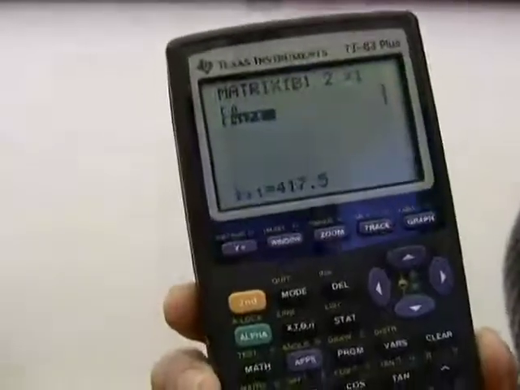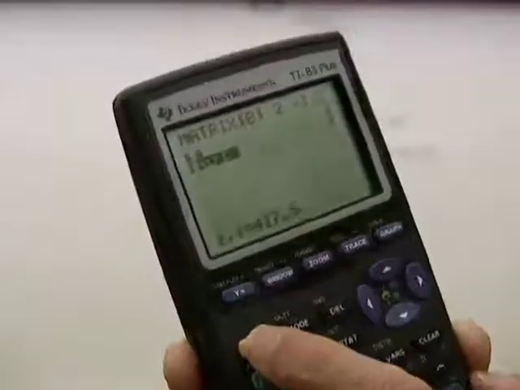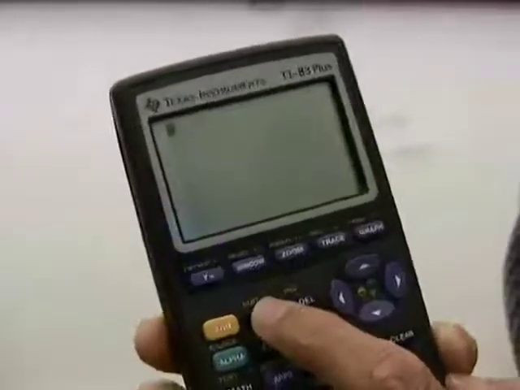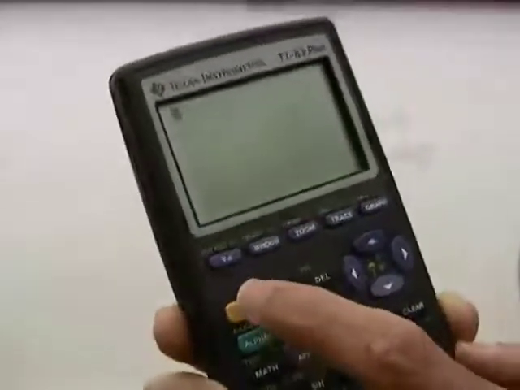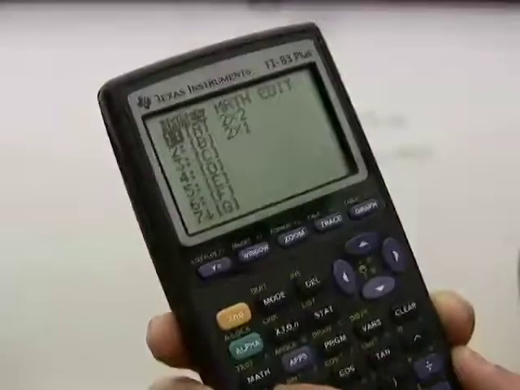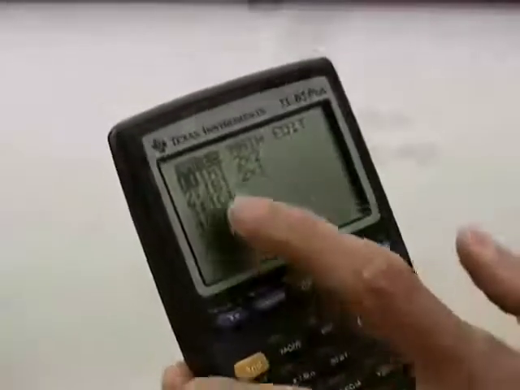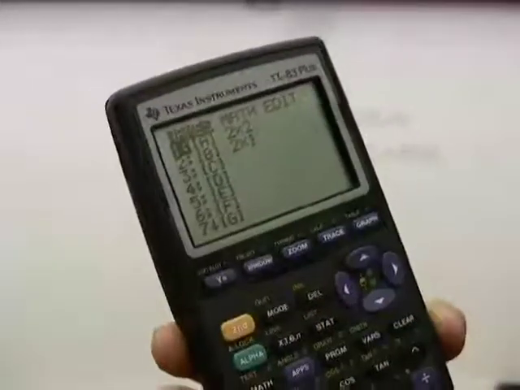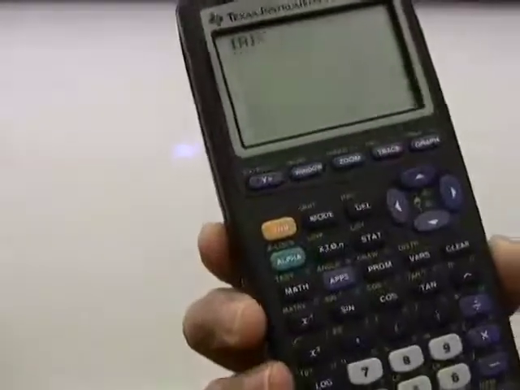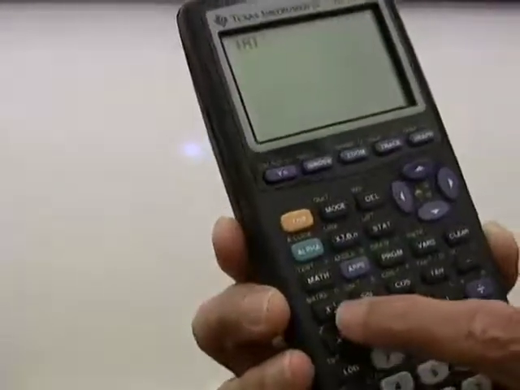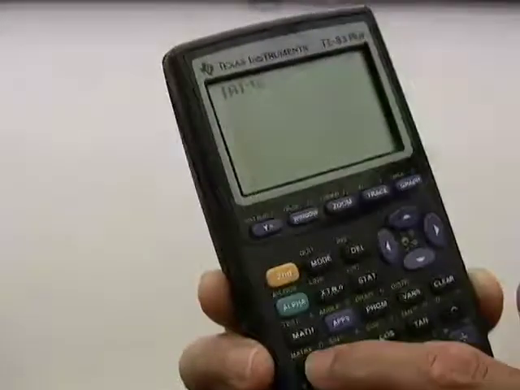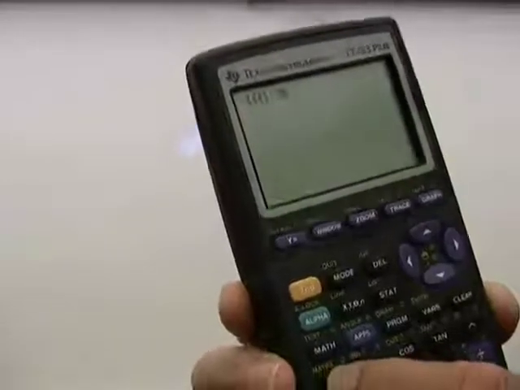And what all you need to do is quit this. Second, quit, and then go and pick matrix A. How do we pick matrix A? Second matrix. This is the matrix menu, and the matrix A is selected there. So enter. Now take the inverse of that. Now which is the inverse? Look at this key. That is the inverse. So if you have a matrix there, and if you press that, it will say A inverse.